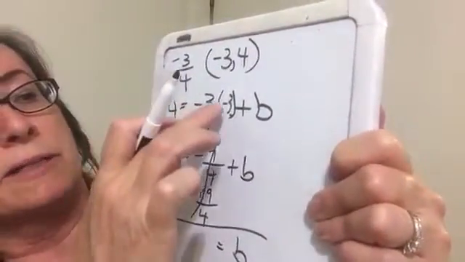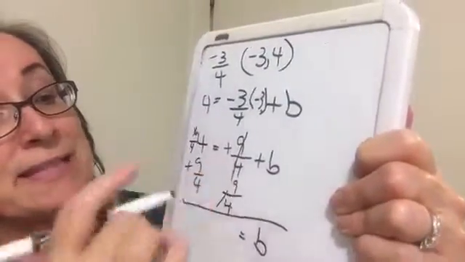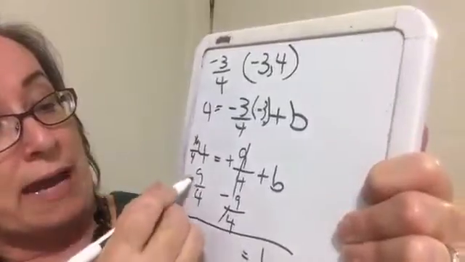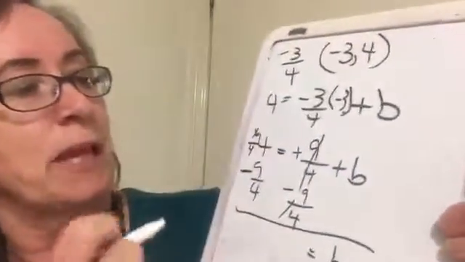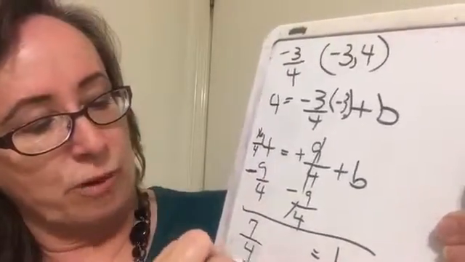The -3/4 and the -3/4, that's a positive 9/4. So that means I have to subtract a 9/4 from both sides. I should get the same answer both ways. I made a sign error. So now I get 16 minus 9, which is 7/4.